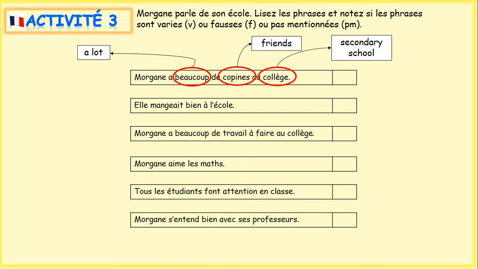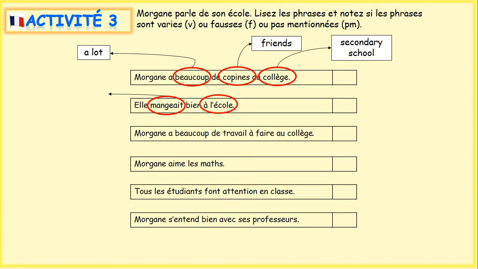Elle mangeait bien à l'école. Keywords we need to know are manger and à l'école. Again, pause this. What do you think those words mean? So, manger, you'll notice it's got this AIT ending. It's not AIS because we're not talking about I anymore, but we're talking about she.